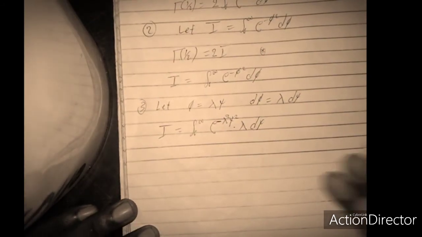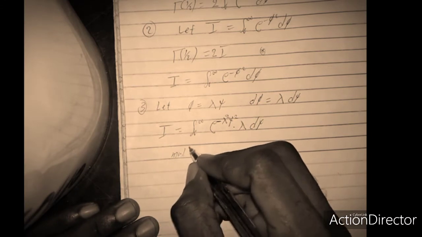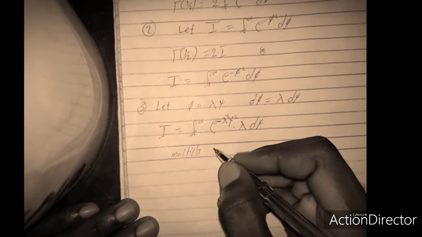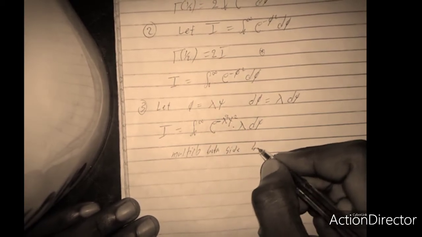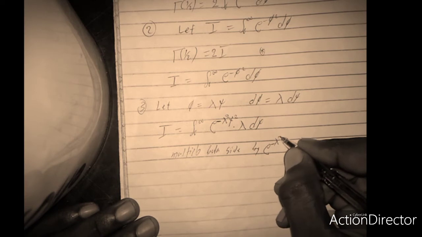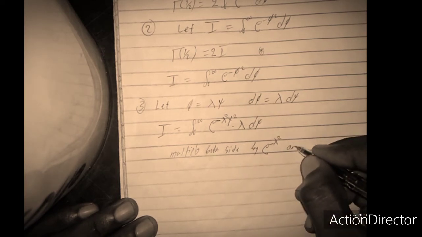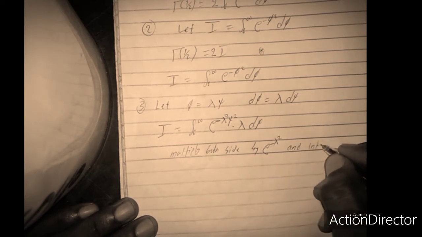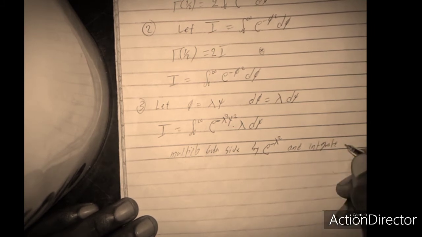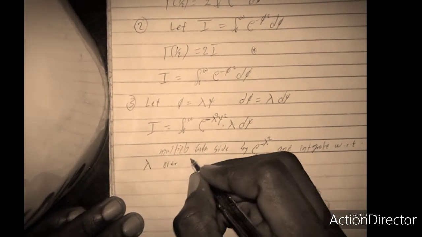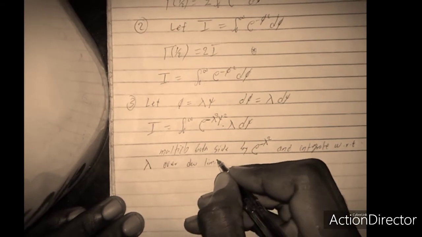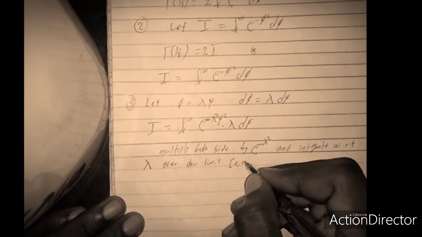So the next thing is to multiply both sides by e to the minus lambda squared, and then integrate with respect to lambda over the limit 0 to infinity.